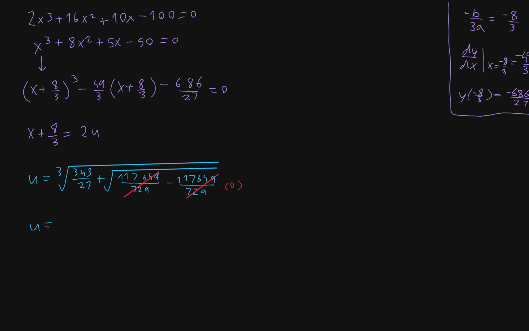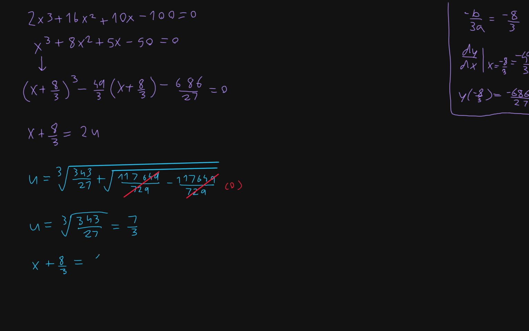And then u is going to be equal to the cube root of 343 over 27, which is just going to be equal to 7 over 3. So then we're going to have that x plus 8 over 3 is equal to 2 times 7 over 3.